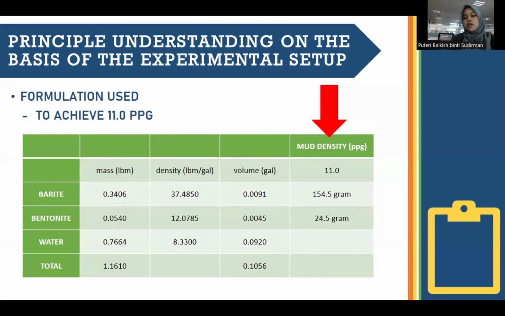The volume of barite will be 0.091 gallon, bentonite will be 0.0045 gallon, and water will be 0.092 gallon. In total, the volume of mixture will be 0.1056 gallon. When the mud density is 11 ppg, the barite will be 154.5 gram and the bentonite will be 24.5 gram.